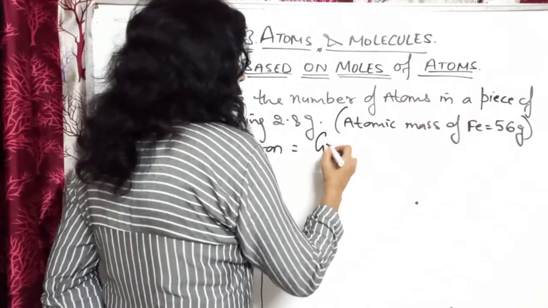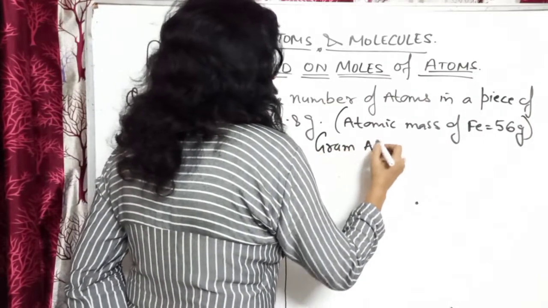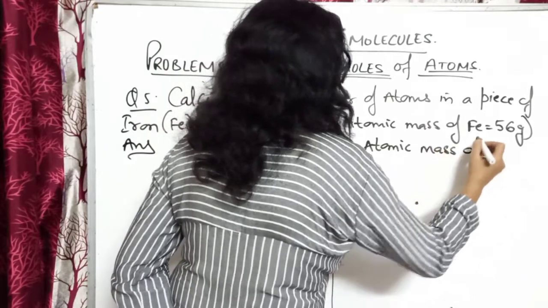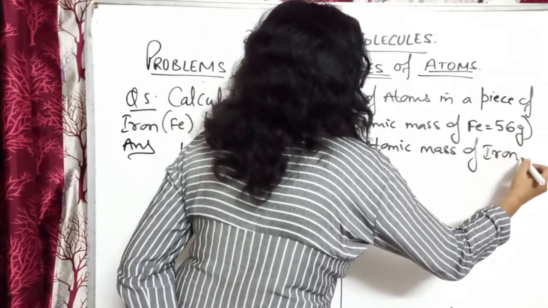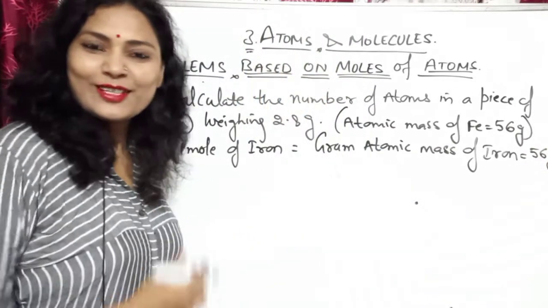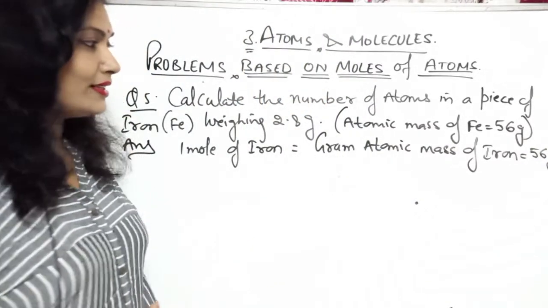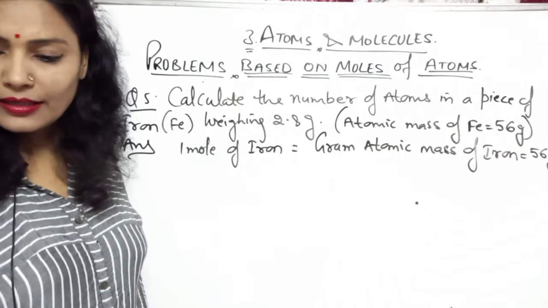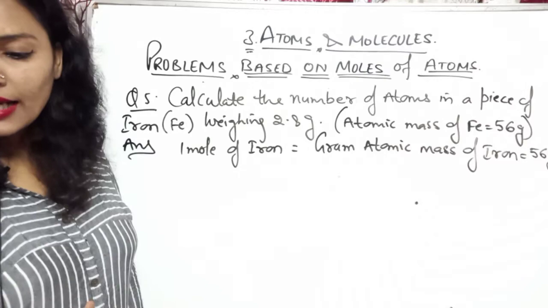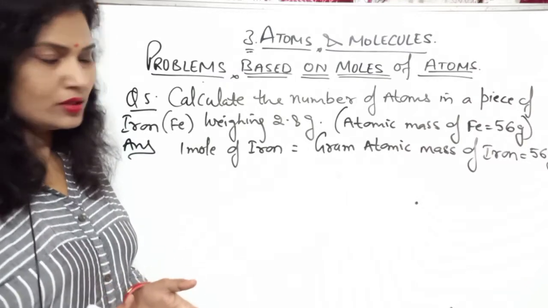So what is the gram atomic mass of iron? That is 56 gram. Now 56 gram of iron contains how many atoms?